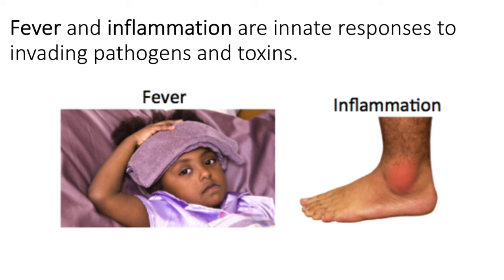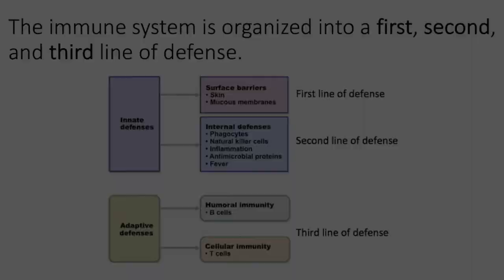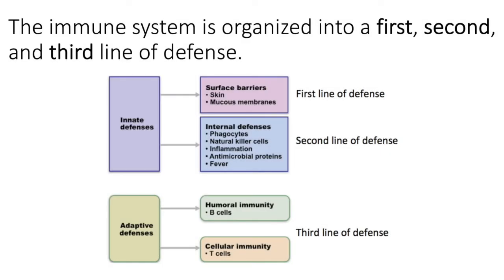Inflammation is the increase of blood flow to the site of injury or infection, and that increases the immune response. So both the first and second lines of defense are innate or non-specific.